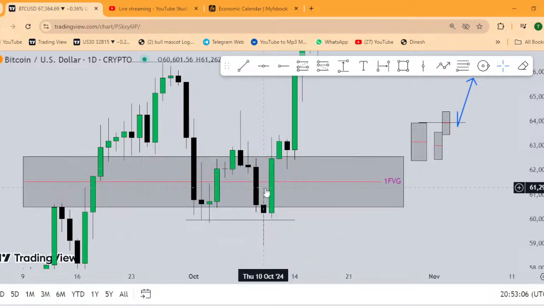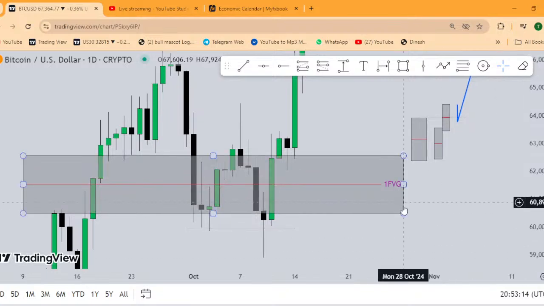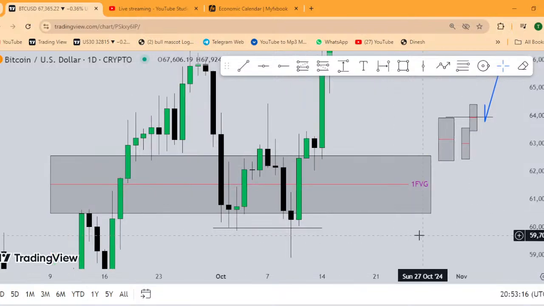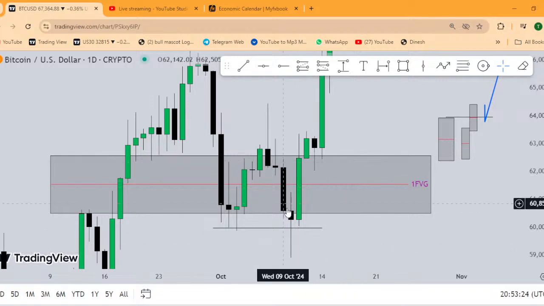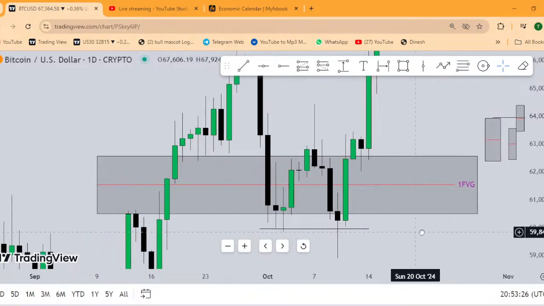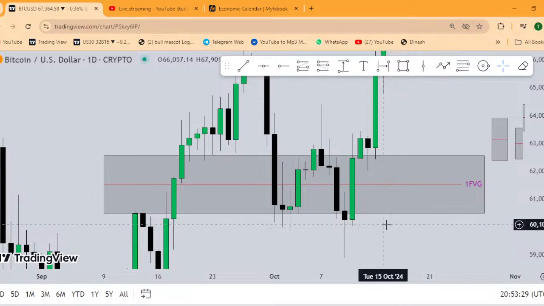Price fails to close above this immediately to retest. Price closes above this. So 1, 2. So that's why I say an order block is the last green or black candle, or the last buy or sell candle, or a series. A series means there can be one, or there can be more than one. So they close above, right?